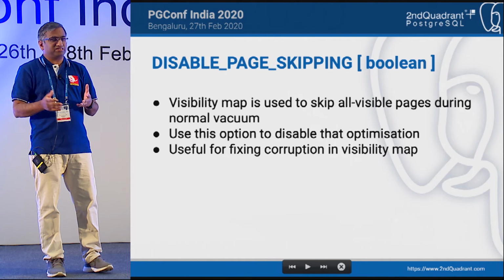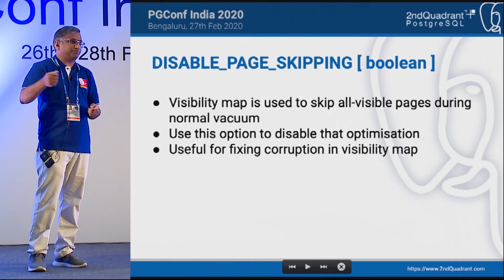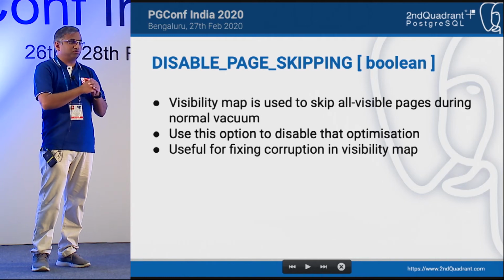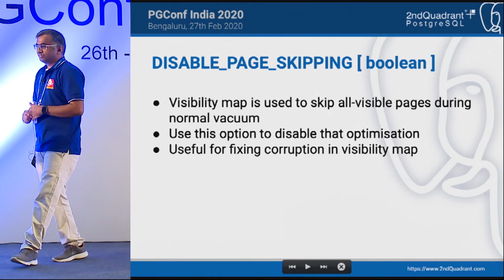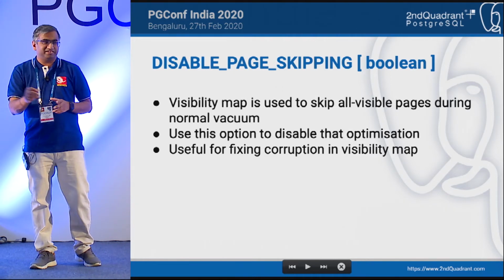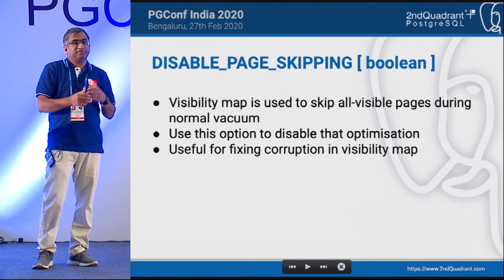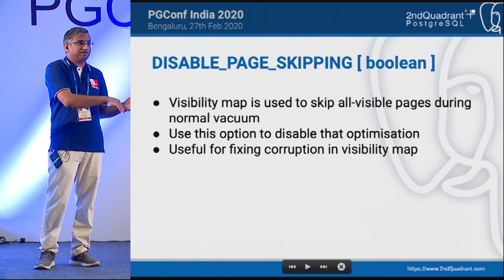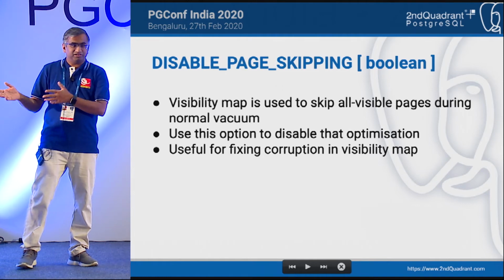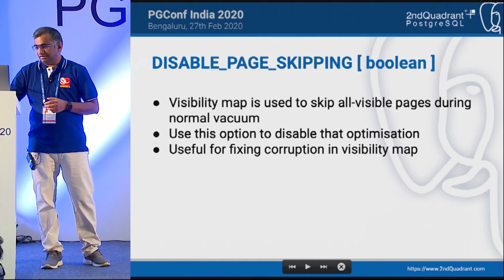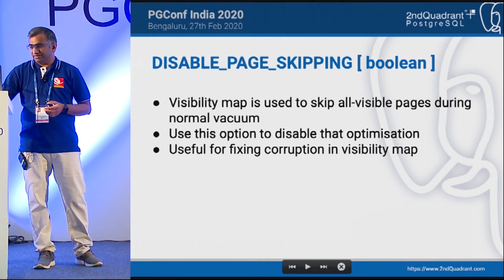But there are times when you don't want to skip any page, because let's say your map is corrupt or something has gone wrong and you want to make sure that the entire table is scanned and everything is corrected. So you can say disable page skipping. The default is to skip pages, based on the visibility map and freeze map. But if you say disable page skipping on, then it won't skip any page, and makes sure that your entire table is scanned and dealt with.